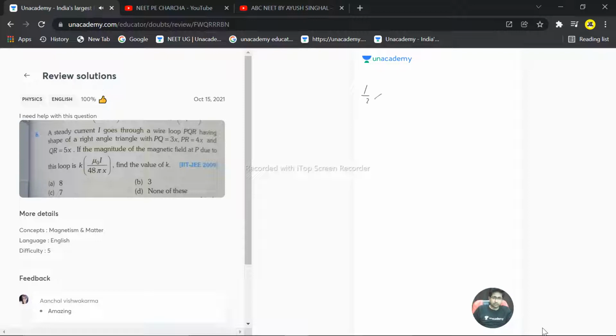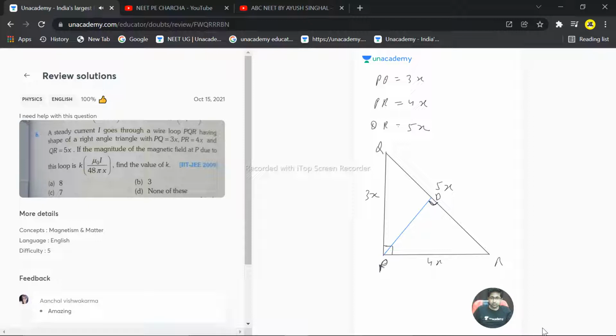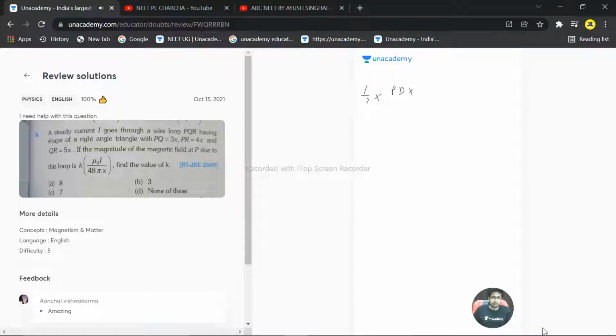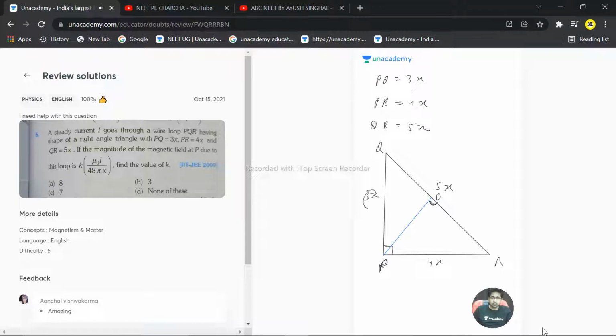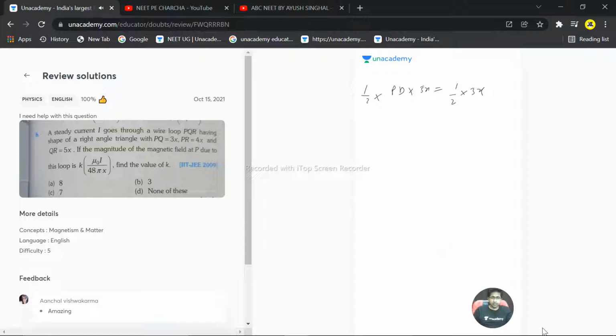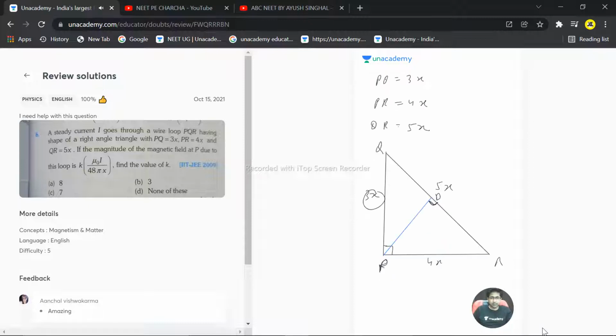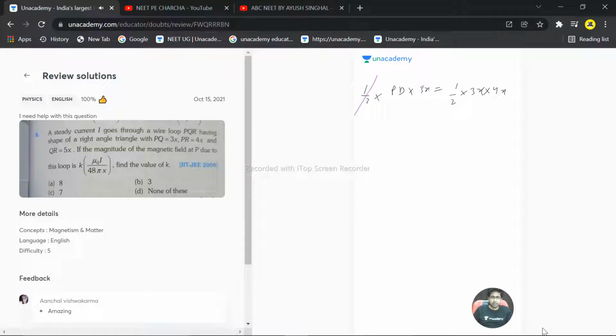Half multiplied by PD, the height, multiplied by 5x, the base, is equal to half of 3x multiplied by 4x. Half times base into height, the basic law for the area of a triangle.